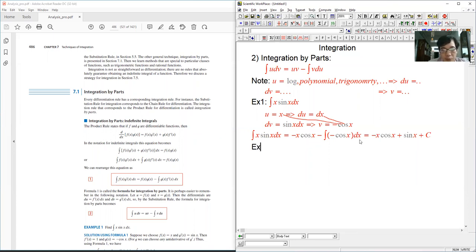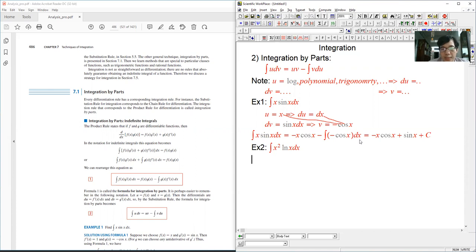Another example, exercise 2. We have the integral of x square ln x dx.